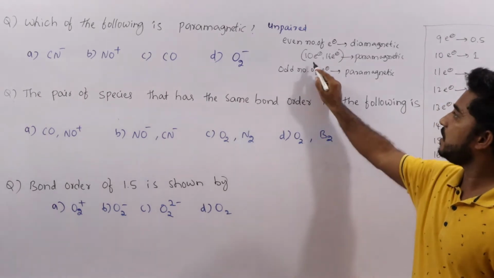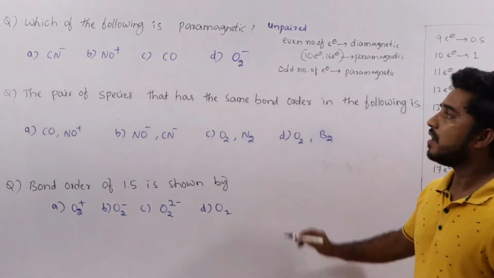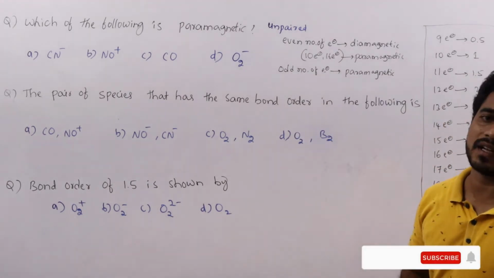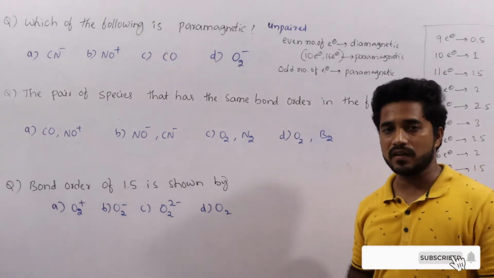The remaining even-electron species are diamagnetic because there is no unpaired electron.